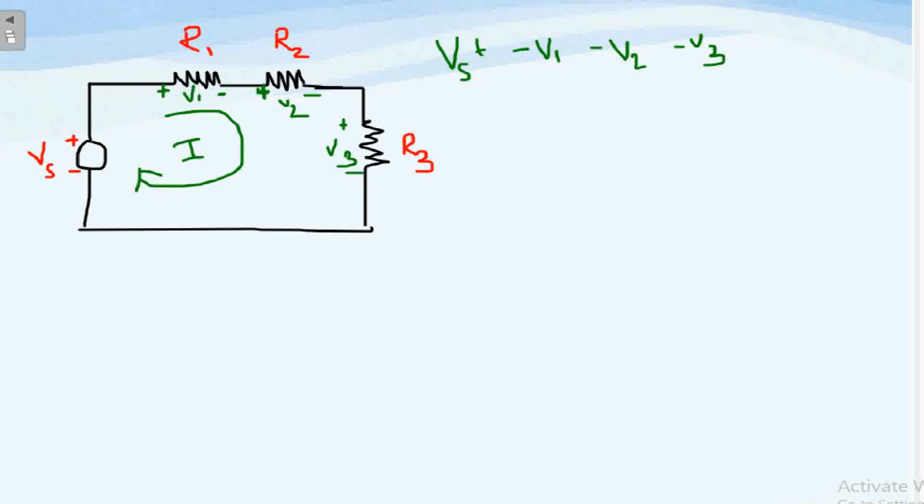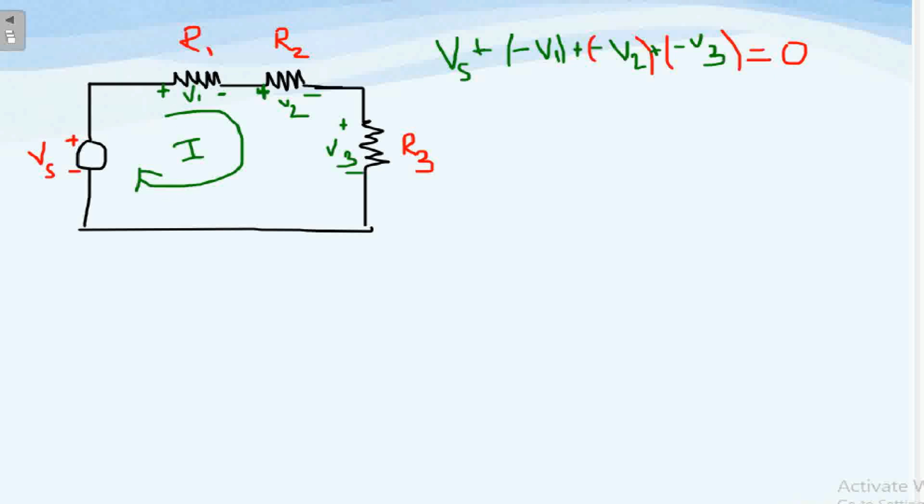So Vs minus V1 minus V2 minus V3 must be equal to 0. If this is verified, then we can say that KVL is verified.